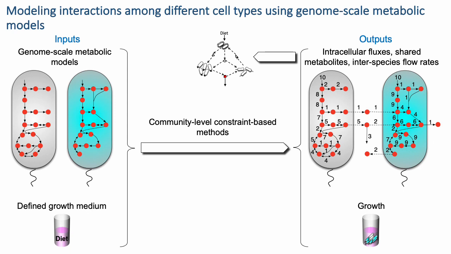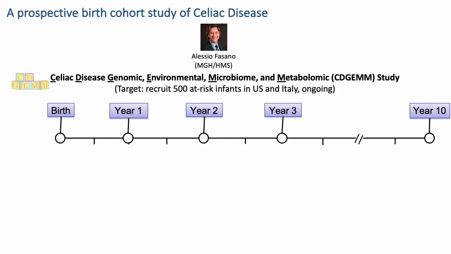So we used this modeling paradigm to study the gut microbiota of celiac patients by using fecal metagenomic data from a prospective longitudinal birth cohort study of celiac disease called the CDGEM study. This study recruits infants less than 6 months of age with a first degree relative with celiac disease, and follows these infants until 10 years of age.